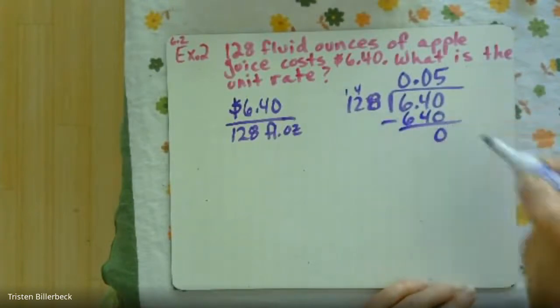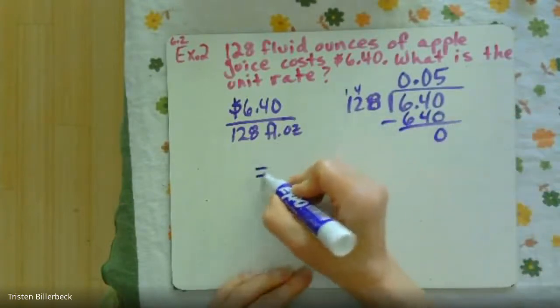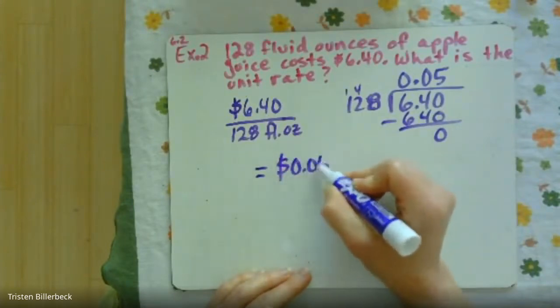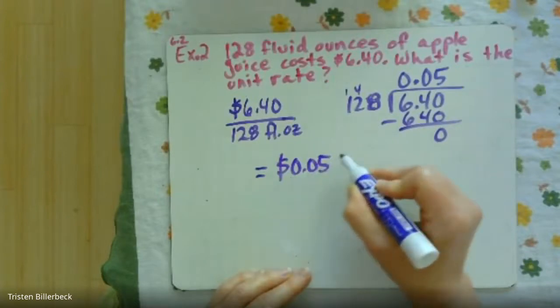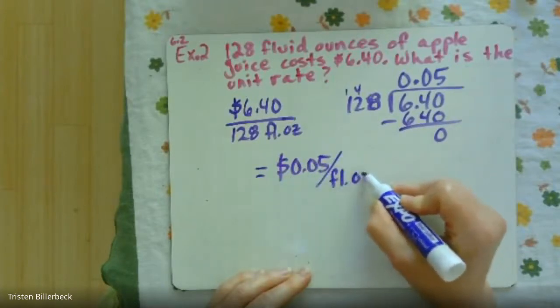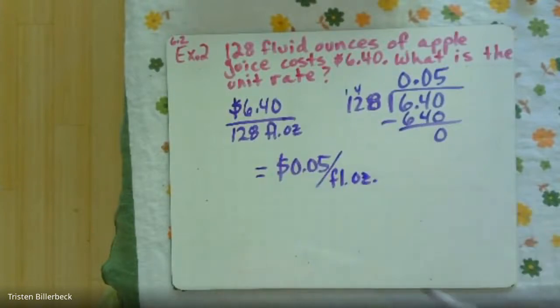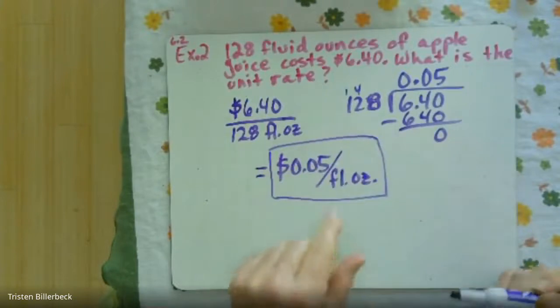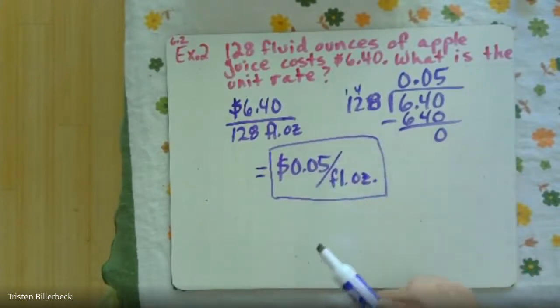We subtract and we get this. So this equals 0.05 dollars per fluid ounce. That would be the unit rate. We usually don't write the 1 for a unit rate, we just write the units.